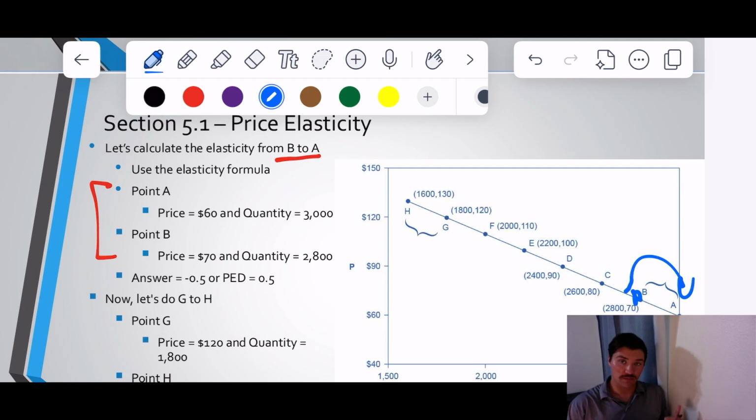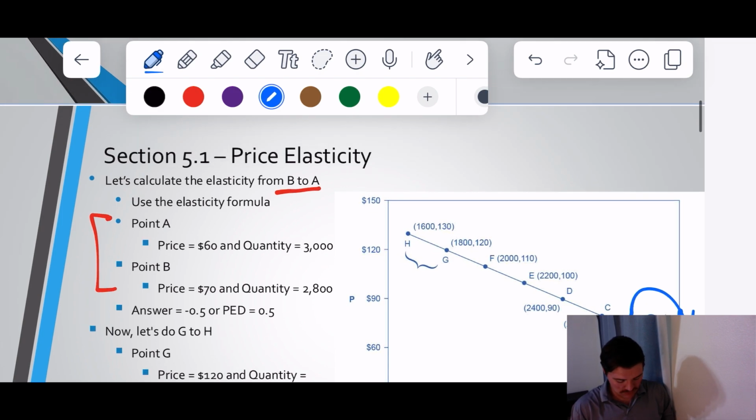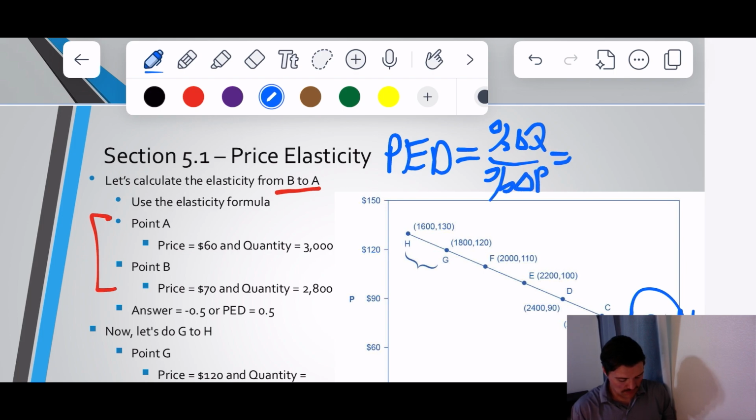Well, we used to be at B, and now we're at A. So the old is B, and the new is A. So remember, for the price elasticity of demand, PED, we're looking at the percent change in quantity divided by the percent change in price. And so what we're going to do is the new quantity minus the old.